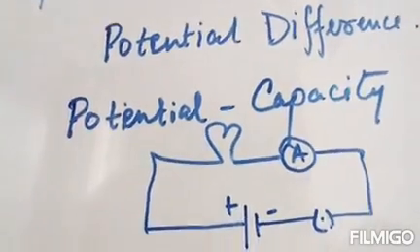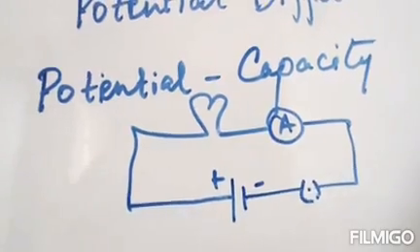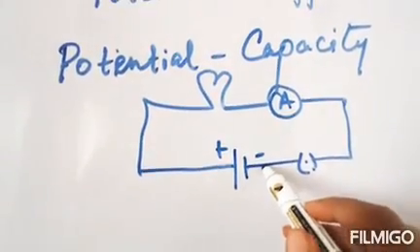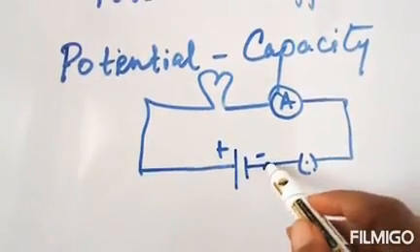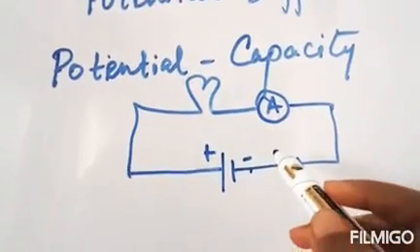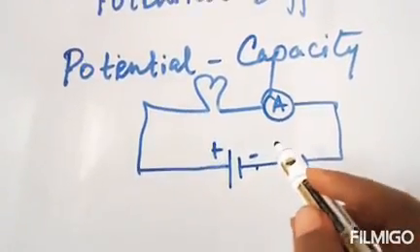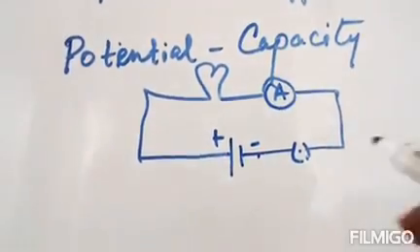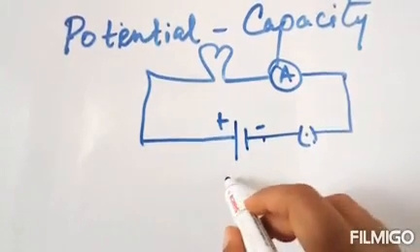Now what is the potential difference? Potential difference means how much work is to be done to move some amount of charge, or unit charge, through the circuit. What amount of work is to be done per unit charge? So we can formulate it.